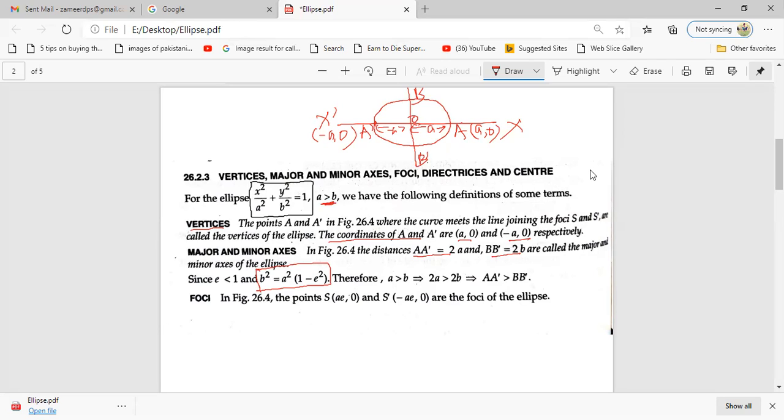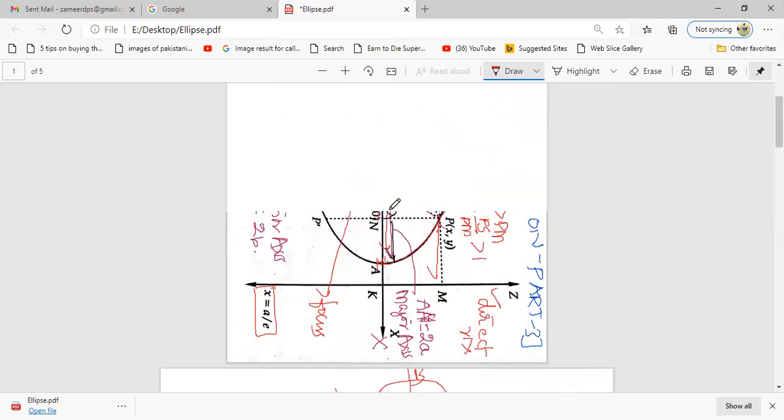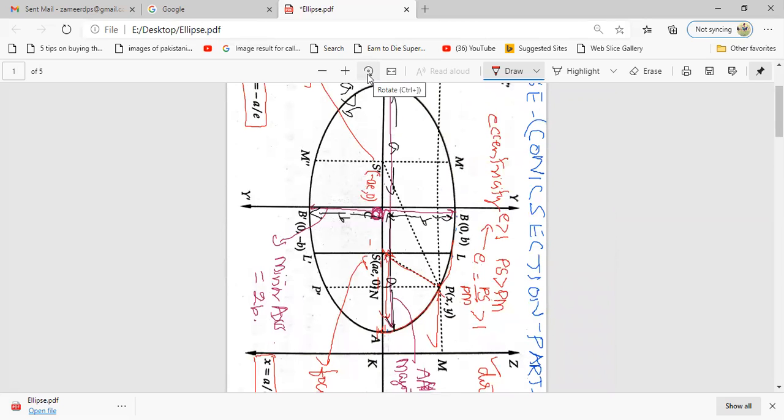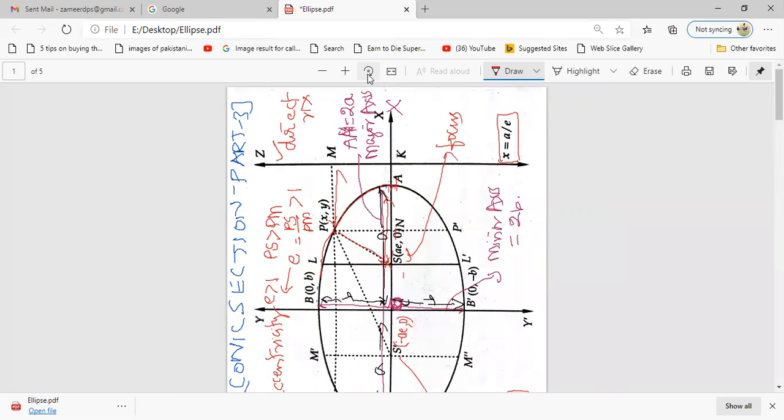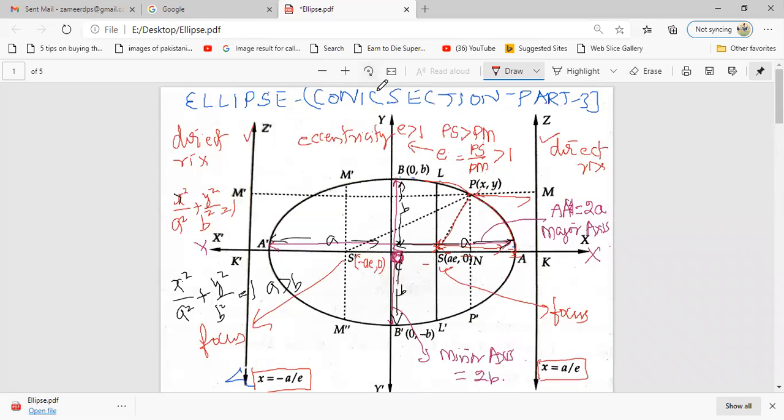Here we have taken the opposite type. Yes, sorry. This is eccentricity less than 1. PS is greater.